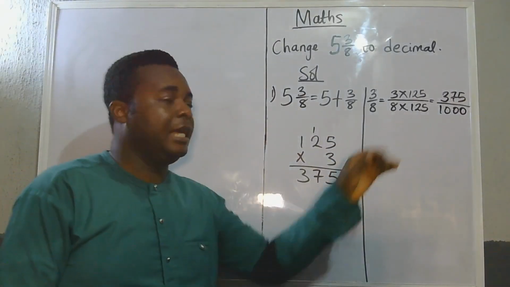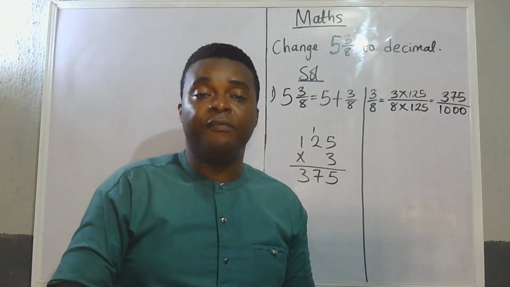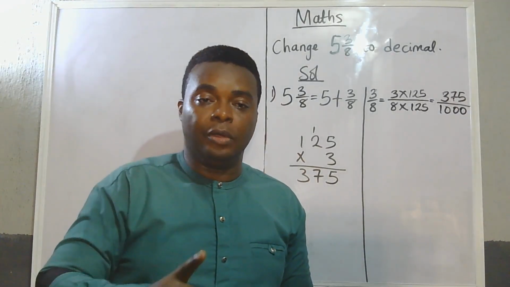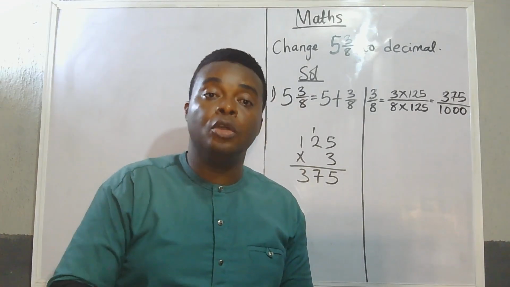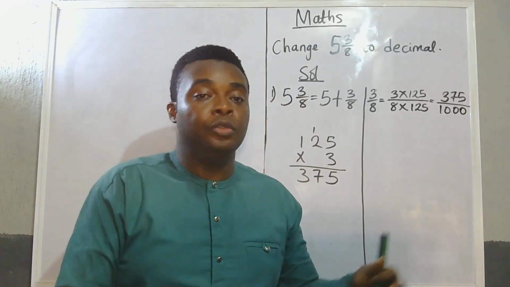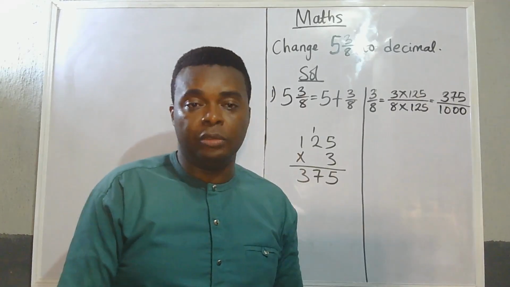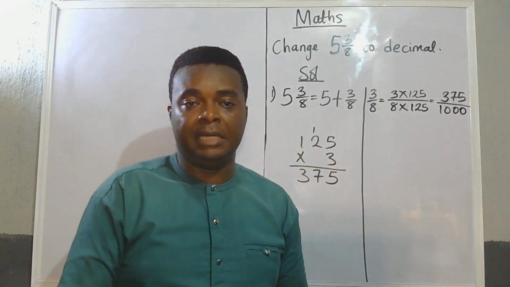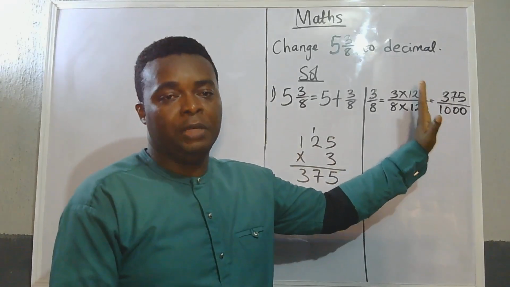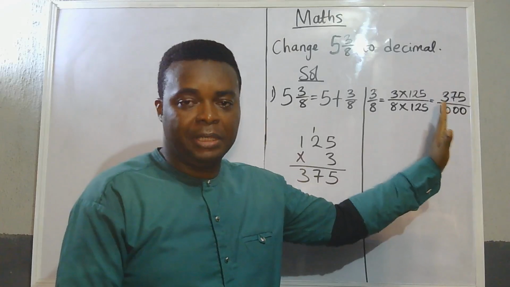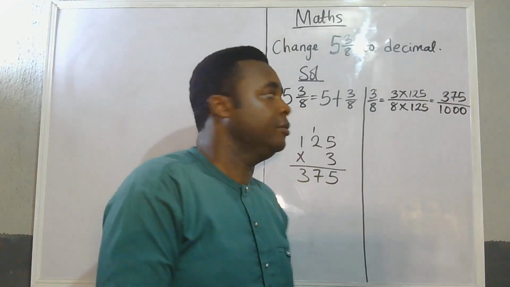Now, like I said, if you have your denominator as 10 or 100 or 1000, you can easily change a fraction to decimal. Is that clear? So since we have a denominator as 1000, we can render this fraction as decimal with ease.